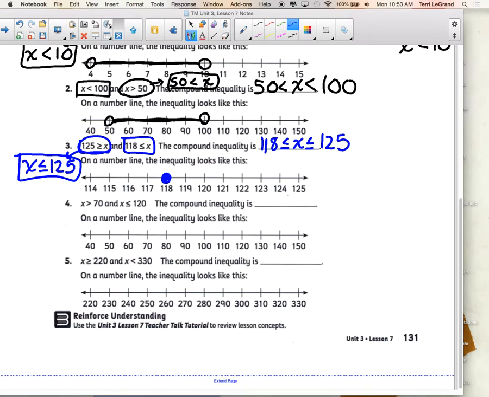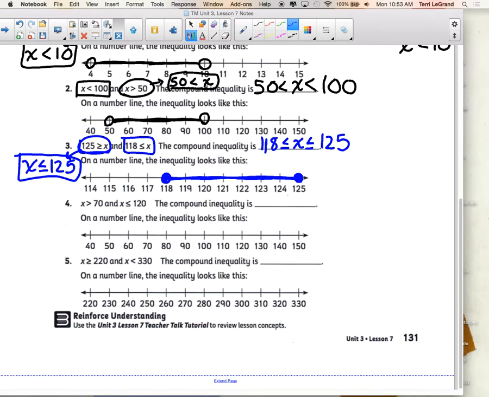Because there's a line. Because there's the equal to part, yeah. Should I color in 125? Yes, because of the equal to bar being there. It is part of the solution. And where else should I shade? Between. In between them, yeah. Are you starting to catch on that these and ones like this are in between the two endpoints?